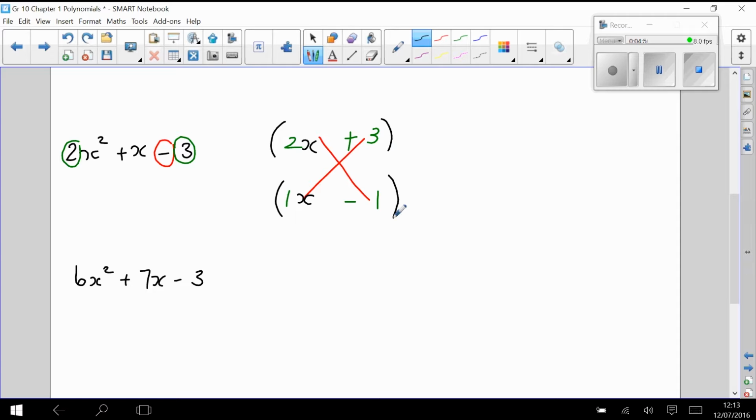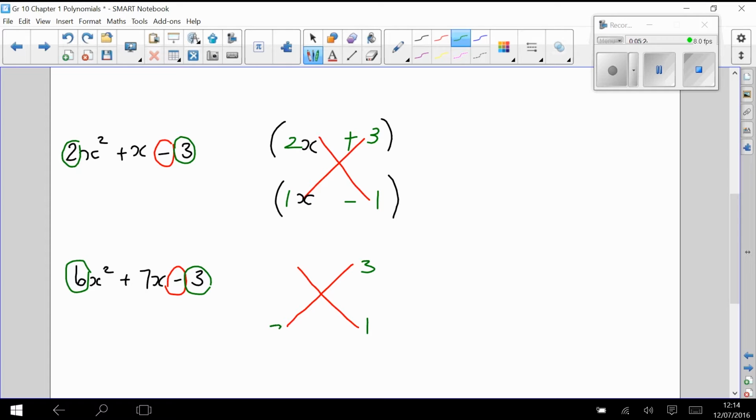By now you should start to be understanding the method quite nicely. The third one is going to once again be a minus trinomial cross. When I take my coefficients, the 6 is the awkward coefficient because 1 times 3 can only be 3. So I write that one in first, and then I say to myself, well, how am I going to split 6 so that when I minus, I'm going to get a 7?